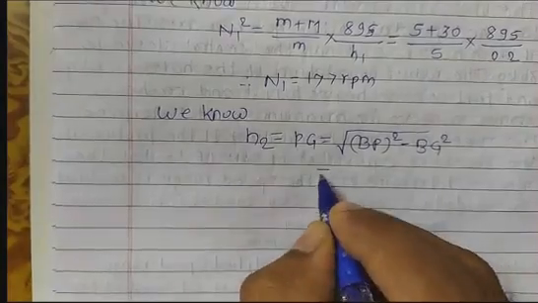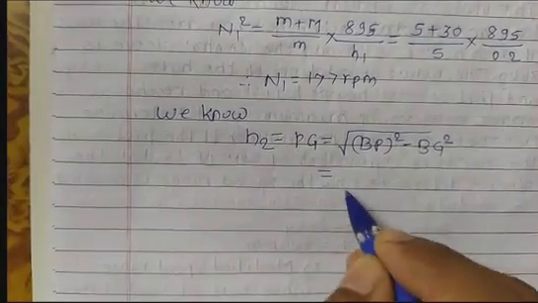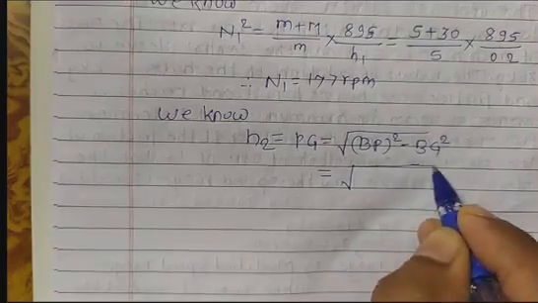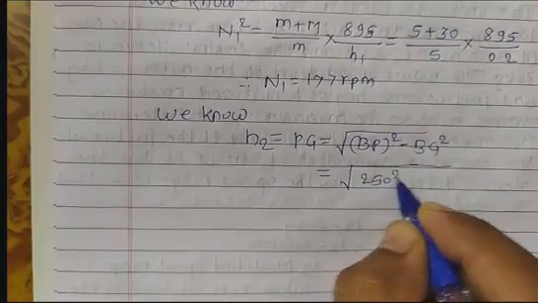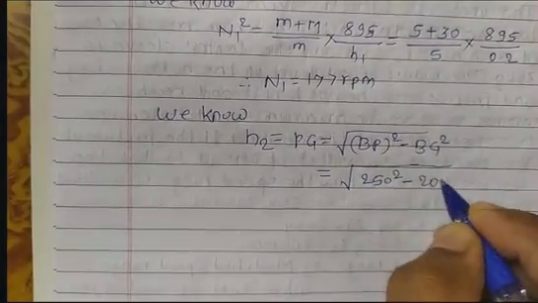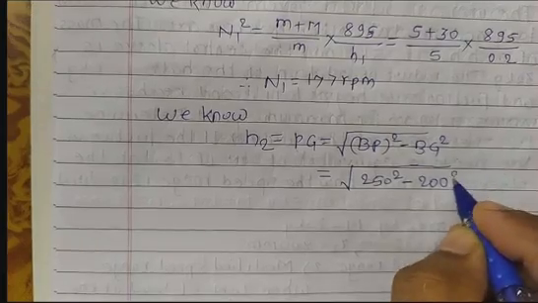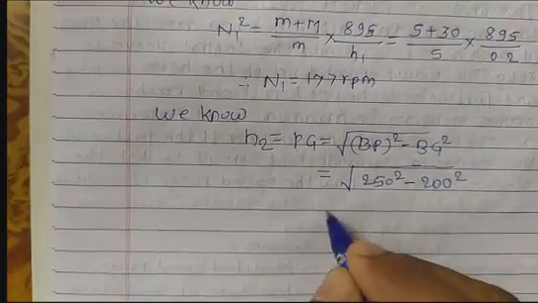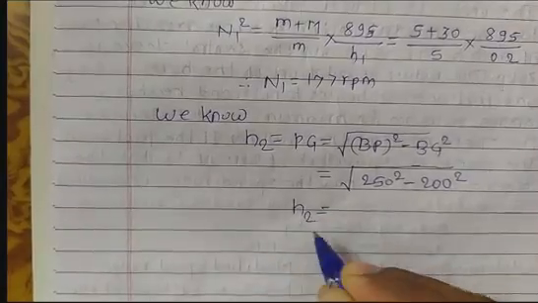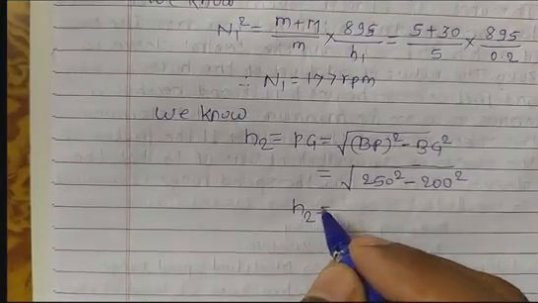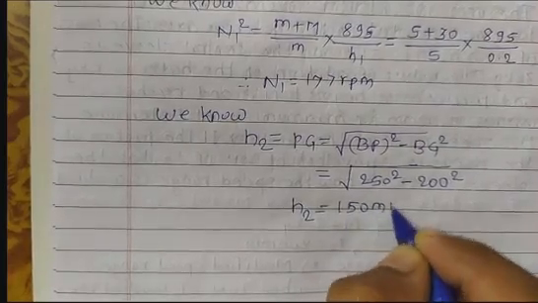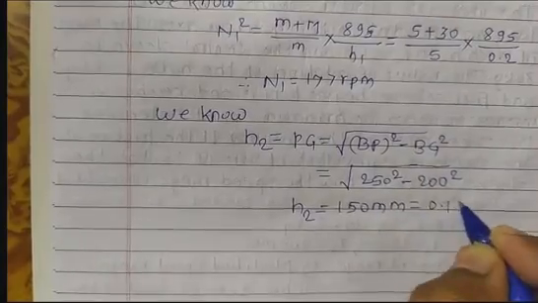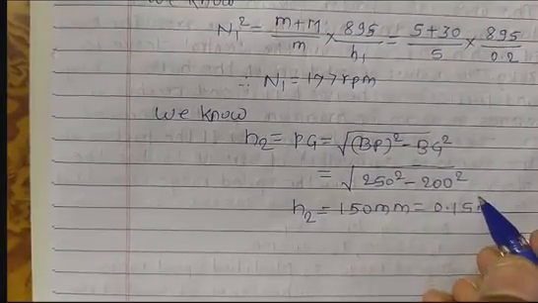Substitute the value for BP, as BP indicates the length of that link. So 250 is substituted here, BG is 200 mm. Just substitute here, do the calculation and get the value for h2 in mm, then convert this into meter.